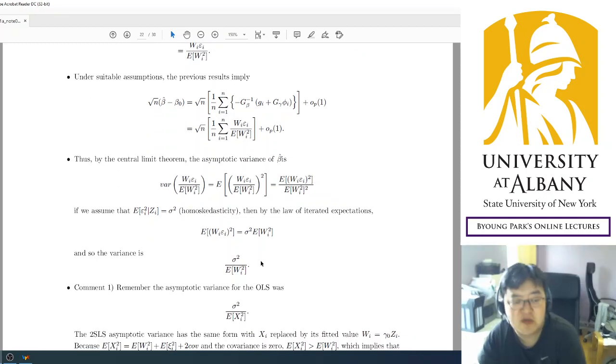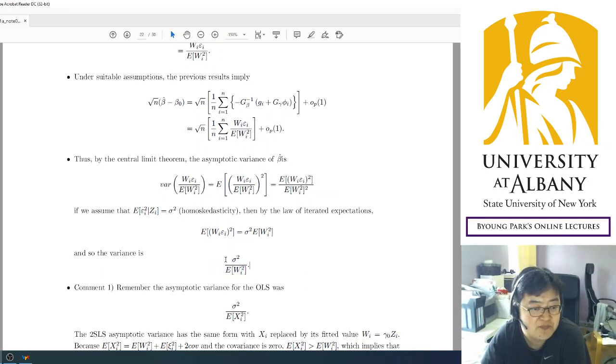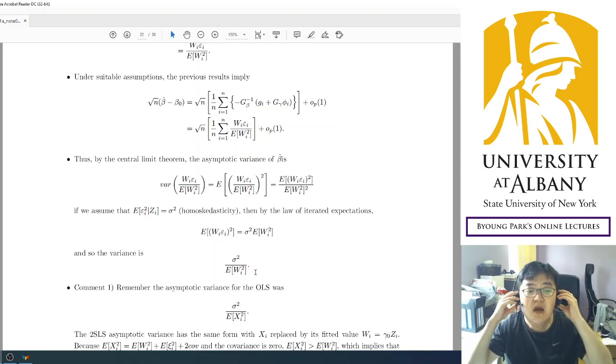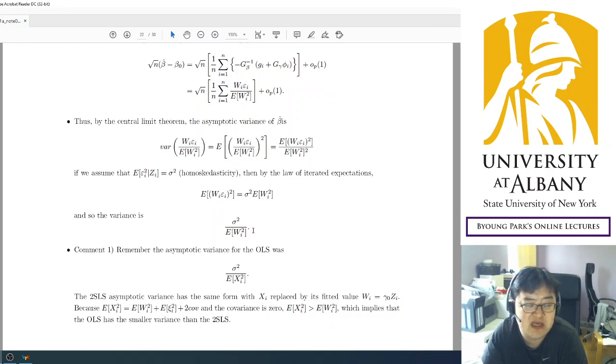Anyhow, now let's interpret. The result is simple, and I'm going to give you some intuition behind it. First, remember the OLS variance was like this. The OLS with one regressor has the variance in this form, so if you have a demeaned variable x, then you get this form, and it's the same structure, the same form. The difference here is that we replaced x with its fitted value.